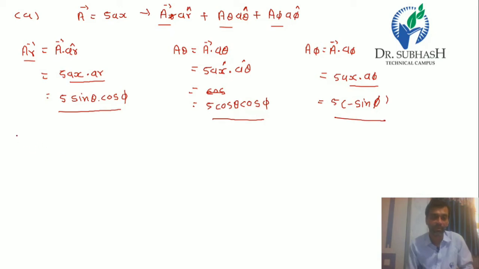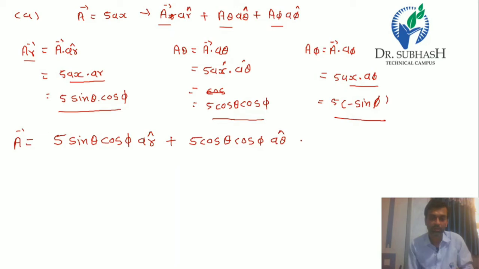Put this value into the general vector, we get phi sin theta cos phi in AR direction plus phi cos theta cos phi in A theta direction plus minus phi sin phi in A phi direction.